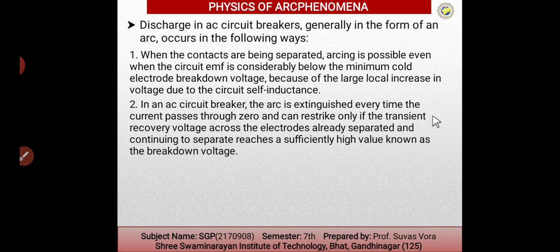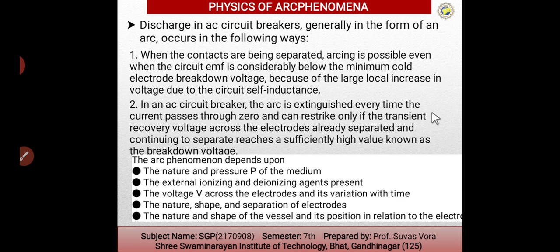The basic factors of the arc phenomenon are, first, the nature and the pressure P of the medium, then the external ionization and deionization against the pressure, then the voltage across the electrodes and its variation with time, then the nature, shape and separation of the electrodes, and the nature and shape of the vessel and its position in relation to the electrodes.